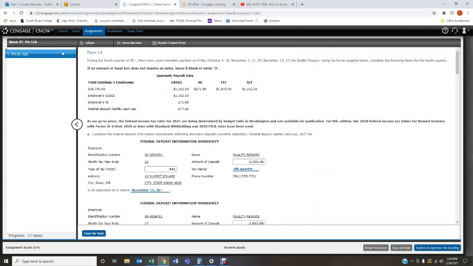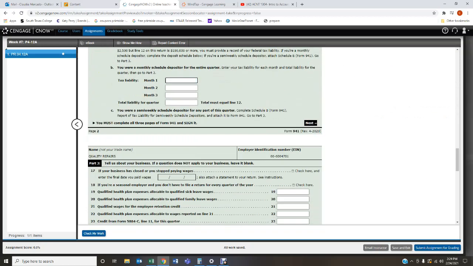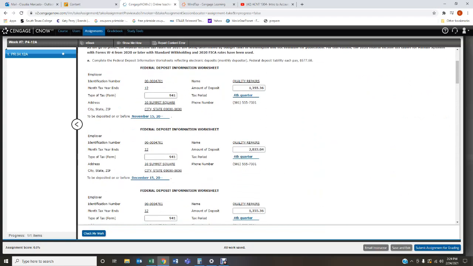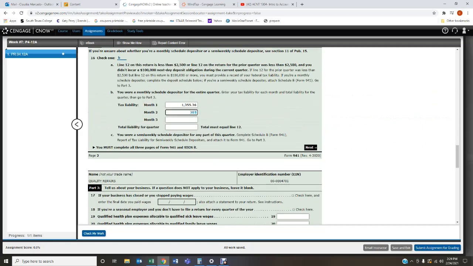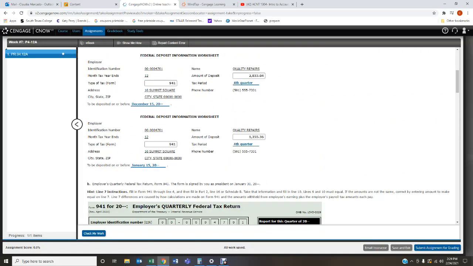So I've got $1355.36 for the first month. We've got $2033.04 for the second month. And then we've got $1355.36 for the third month.